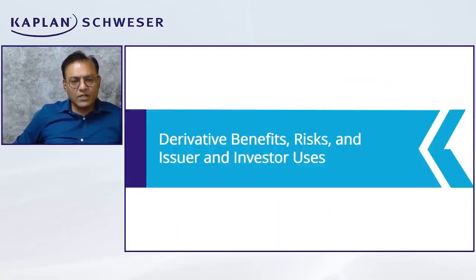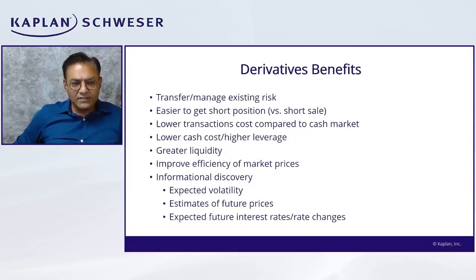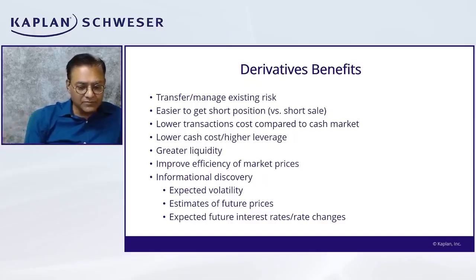All right, let's talk about the benefits, risks, and uses of derivative contracts. Now, first, the benefit. The benefit is it allows participants in the market for derivative contracts to transfer and manage existing risk. If you want to reduce your risk, you can use a derivative contract. You can actually gain exposure if you don't have some specific exposure by taking on derivative contracts.